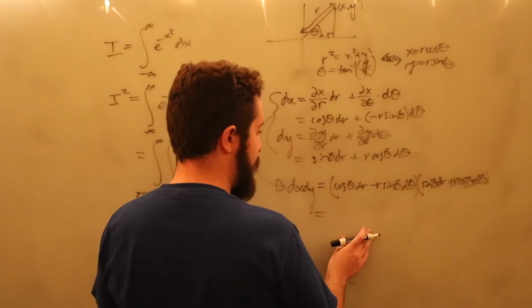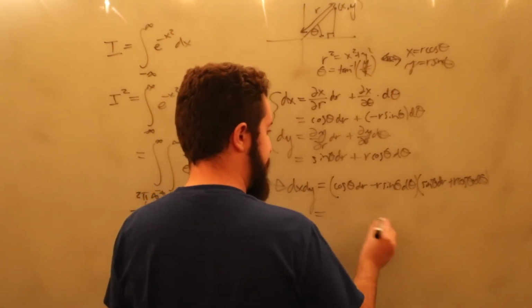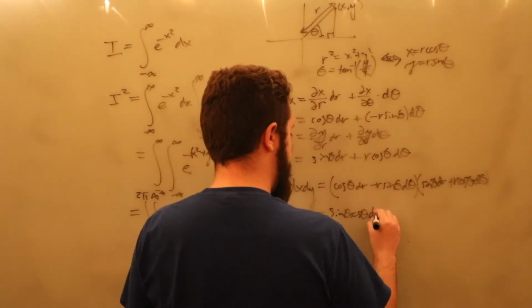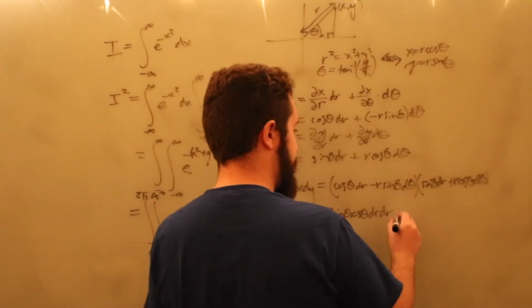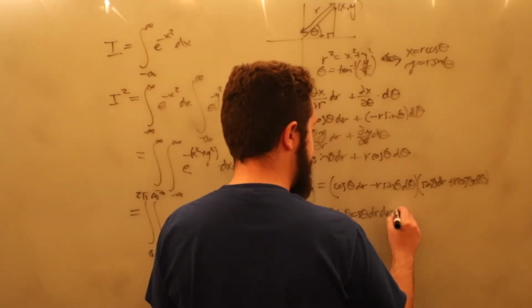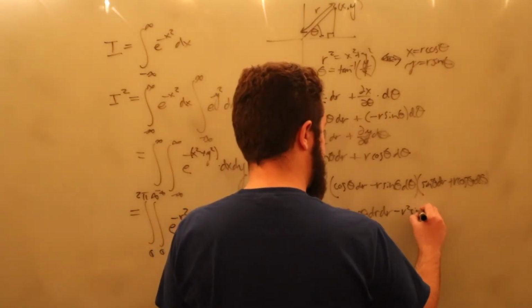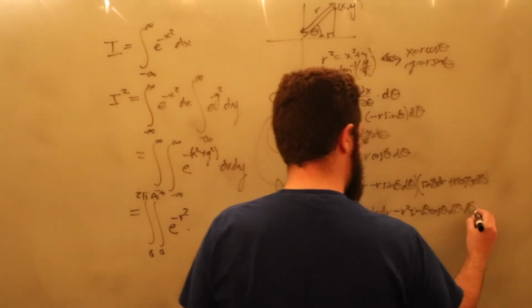This is going to be equal to, once you multiply all the terms, sine theta cosine theta dr dr. Let's do the last terms next: minus r squared sine theta cosine theta d theta d theta.